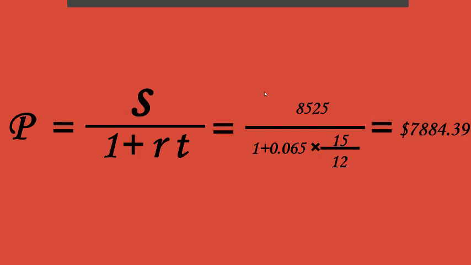By using the present value, B equals S over (1 plus RT), S is 8,525 over 1 plus 65 per thousand times 15 over 12. So B equals $7,884.39.